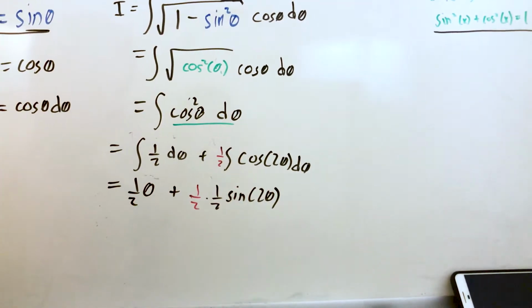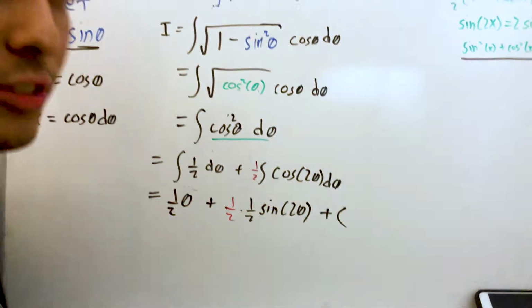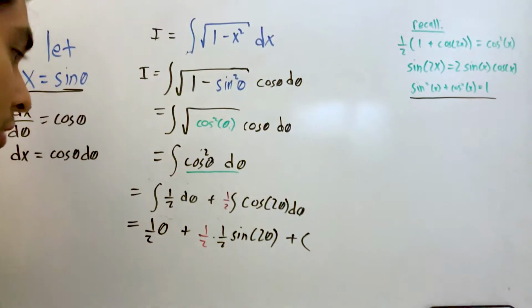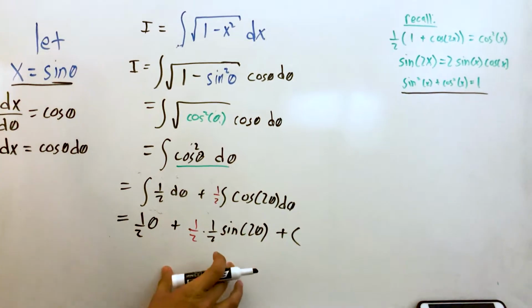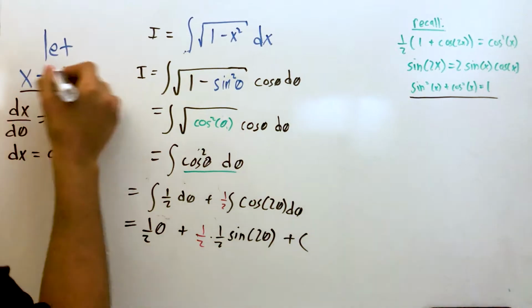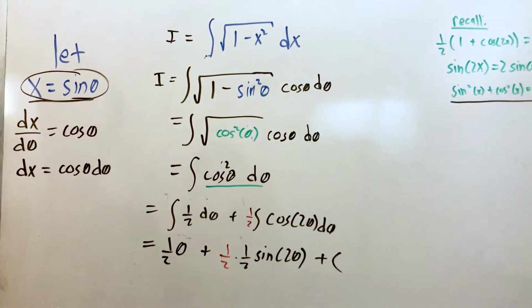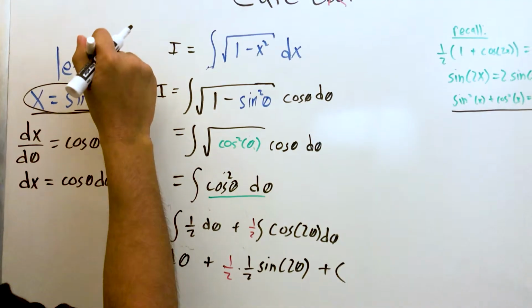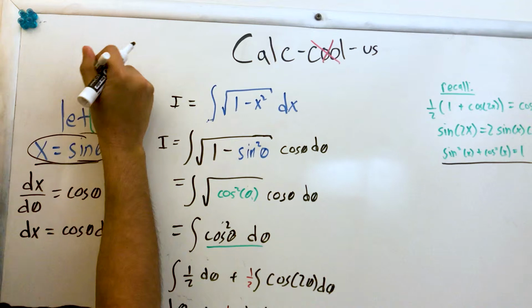Technically we're done if we just add plus C, but this was in terms of x, so we actually want it in terms of x, so we have to replace the theta. If we have x equals sine theta, and you solve for theta, what would that be?